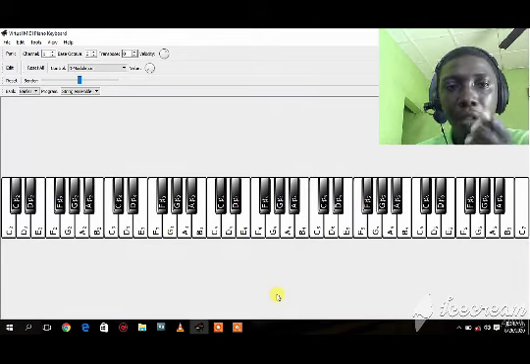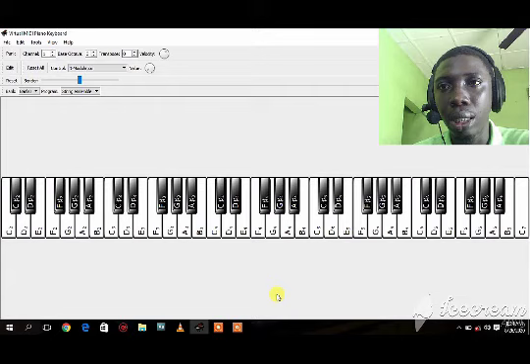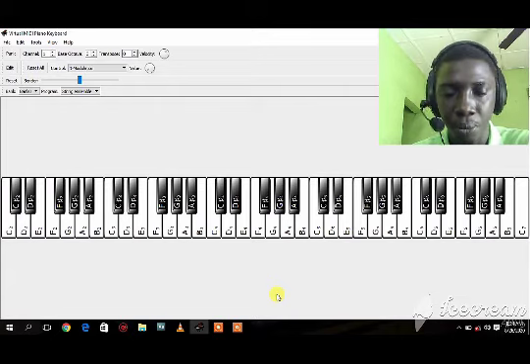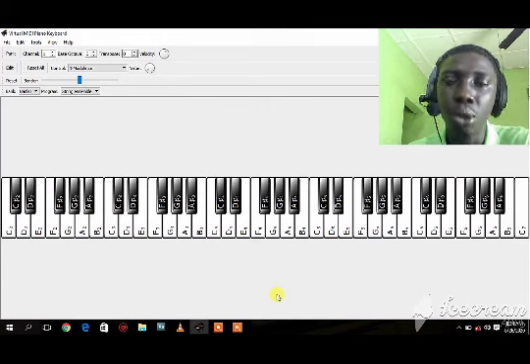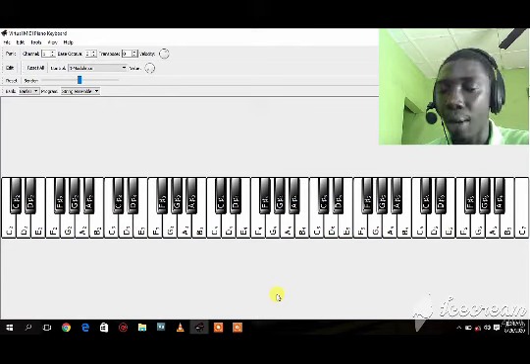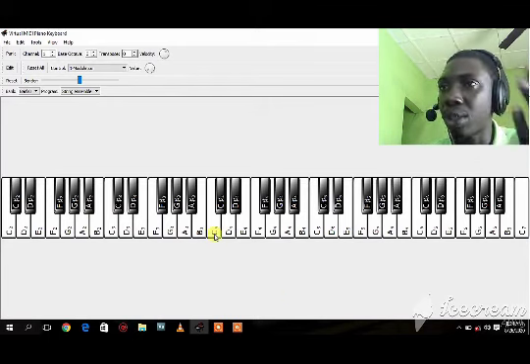Now, the first mode, which every one of us knows, is the Ionian mode, which we commonly call the major scale. For this video, we are going to be using C as a reference note. Our C Ionian mode would be the same as C major scale.